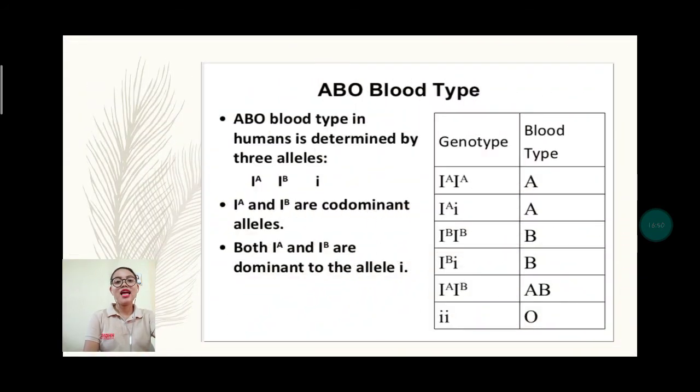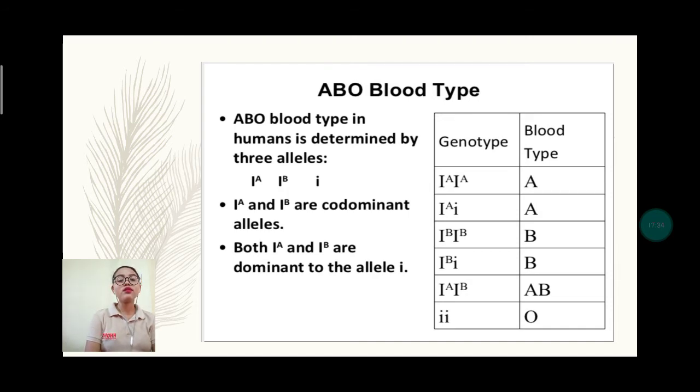Okay. Next example is the ABO blood type, or human blood type. Human blood type comprises 3 alleles. Take note, human blood type comprises 3 alleles. So it is written as letter I with a small A raised, and then letter I with a small B raised, and small letter i.